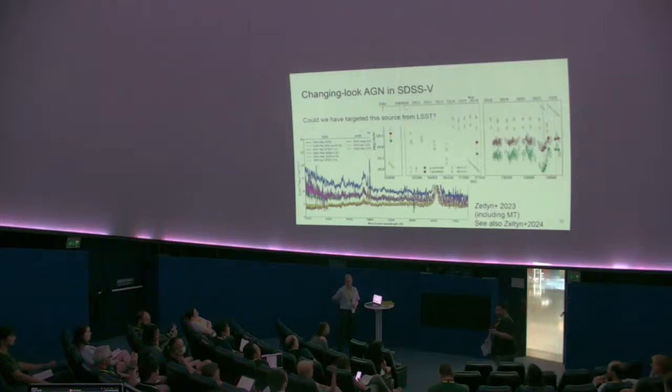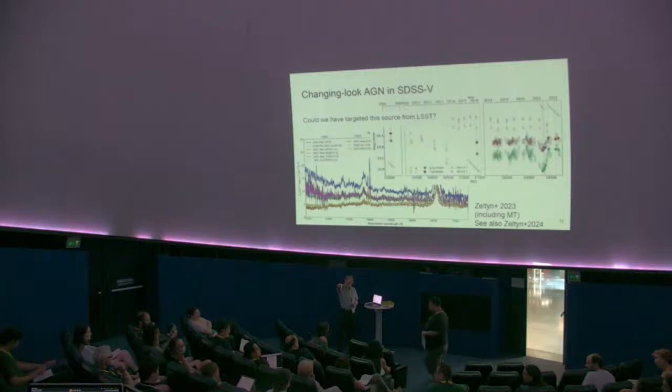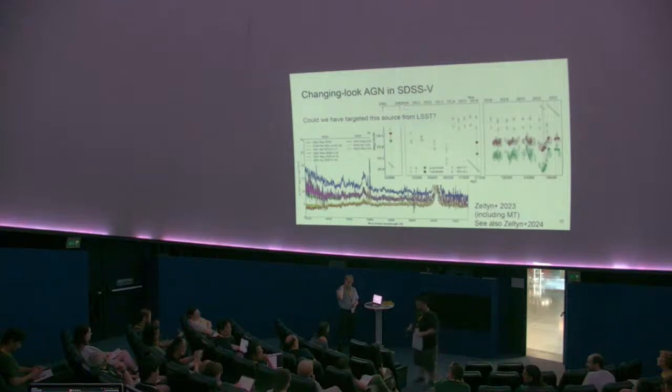More questions? You said that dramatic changes in emission lines do not always correlate with other properties. Do they correlate with X-ray changes? Depending on the X-ray band, sometimes yes.